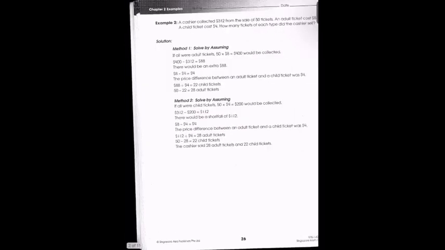Now we're going to move on to the next page. A cashier collected $312 from the sale of 50 tickets. An adult ticket cost $8 and a child ticket cost $4. How many tickets of each type did the cashier sell? Again, we can choose to assume that either all tickets sold were adults, or that all were children's tickets.